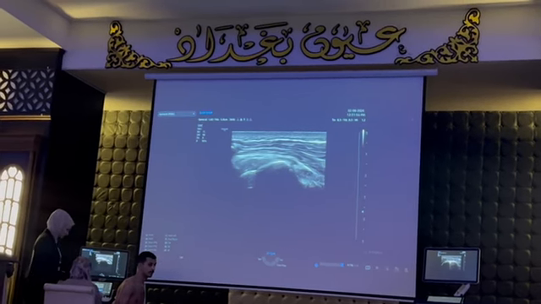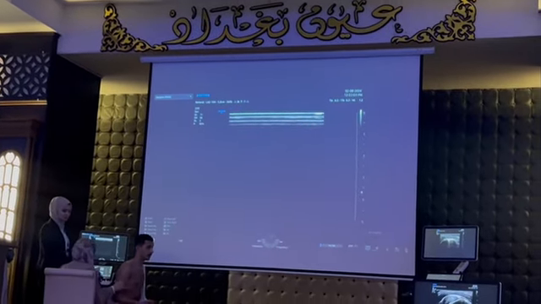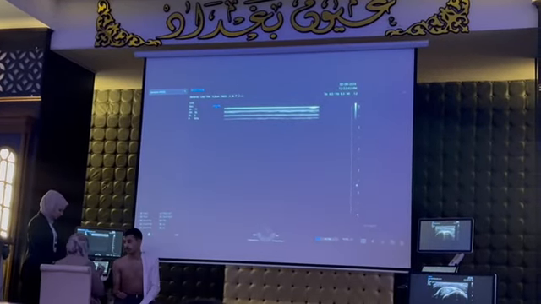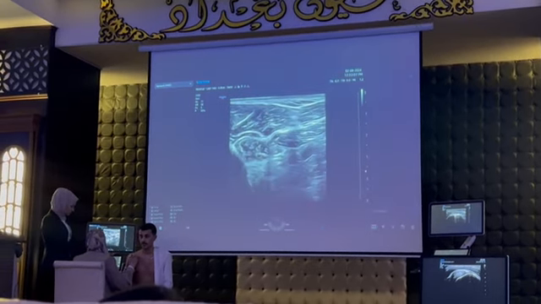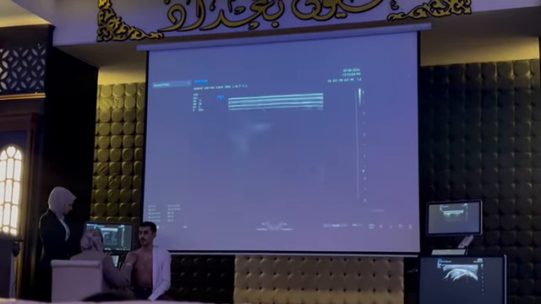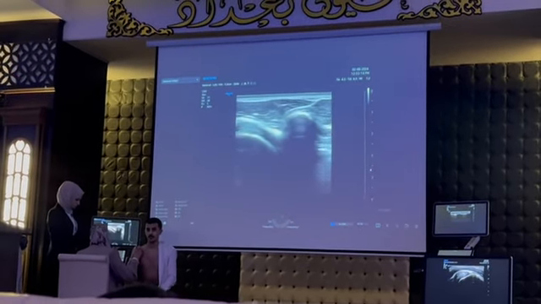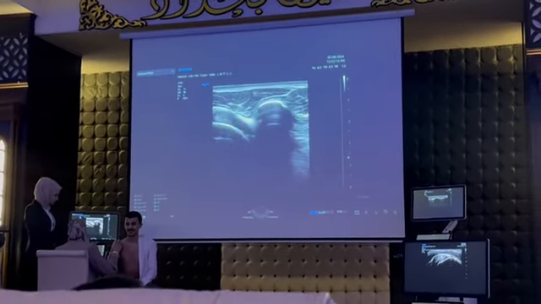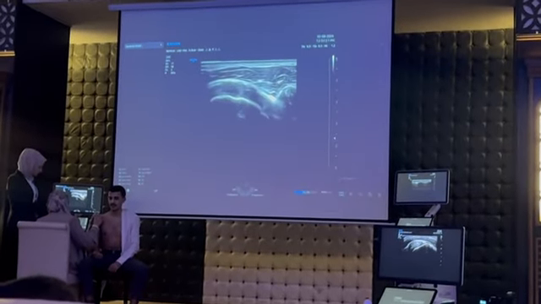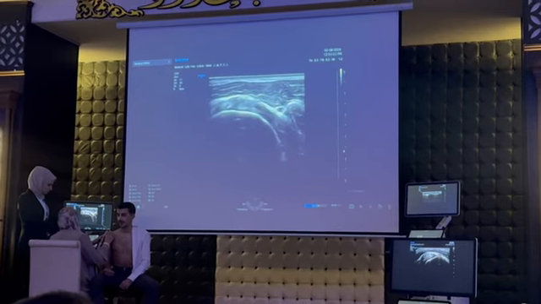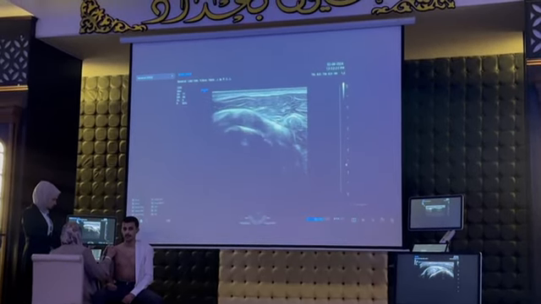Now, we should go to the anterior approach of shoulder injection, which is called the rotator cuff interval. When I examine the subscapularis muscle by putting my probe on the coracoid process, then I make the right side of the probe slightly cranial toward the supraspinatus muscle.